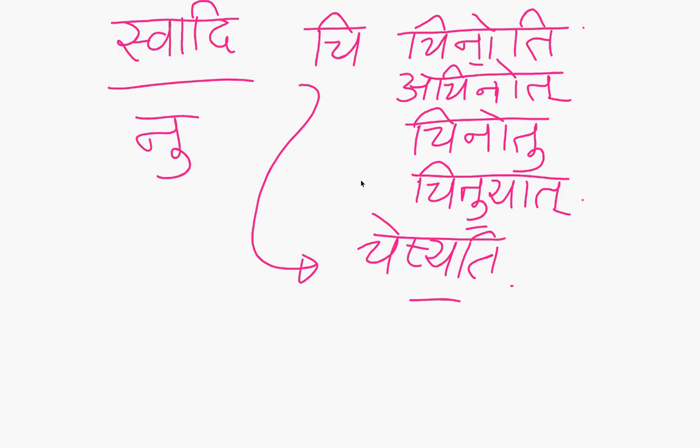Then the next gana, sixth gana. This is fifth Swadigana, and then Tudadi, yes, Shashtagana. Examples are plenty, like Ichchati, Likhati, Pruchhati also.